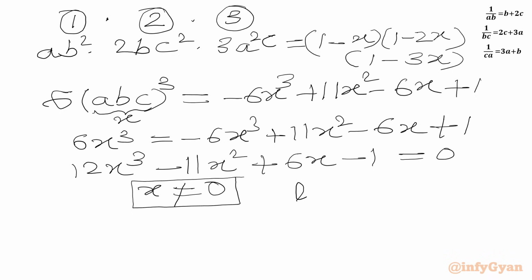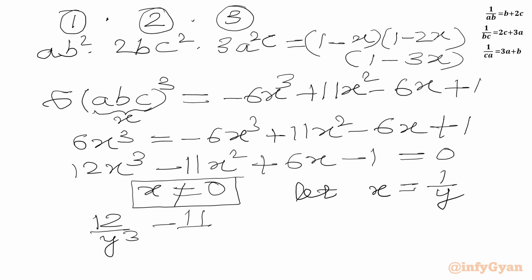Now I can use substitution. Let us say x is equal to 1 over y. So we'll be writing 12 over y cube minus 11 over y square plus 6 over y minus 1 equal to 0. Now we will multiply our equation by y cube both sides, as y cannot be 0.